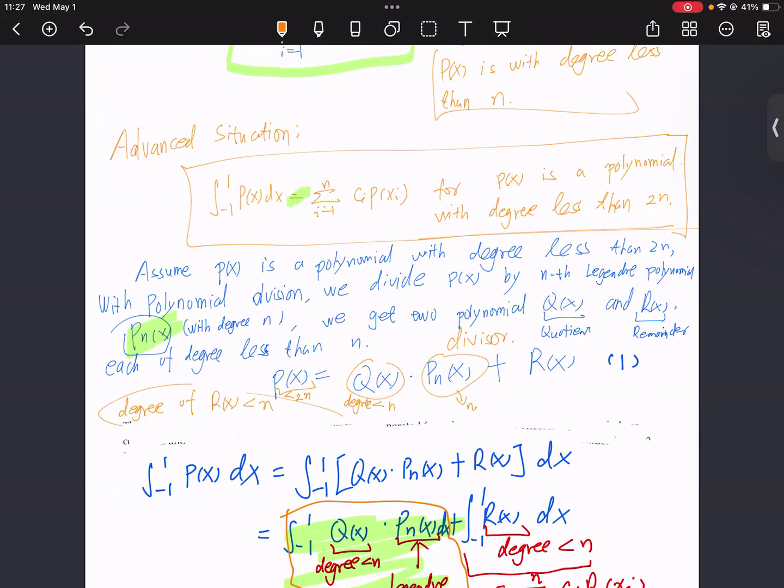If you go into the proof in the lecture notes, you will see it uses polynomial division to reduce the advanced case to the basic case. I am not going to talk about this in detail. It takes 5 hours to prove it.